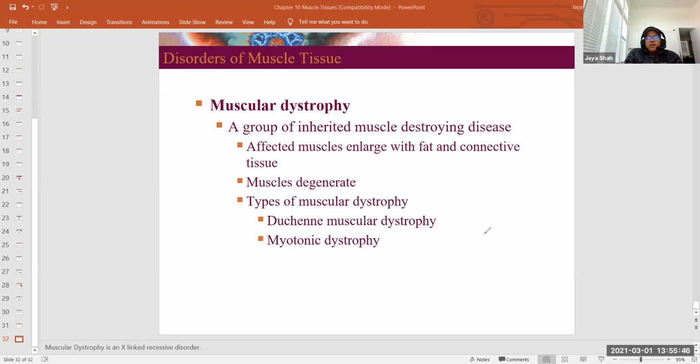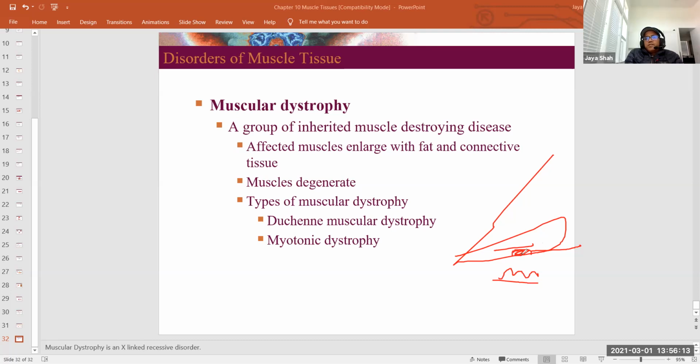Okay, so let's say this is a muscle cell. And outside the cell there is extracellular space, and there is a protein under the muscle cell plasma membrane. This protein is called dystrophin protein.